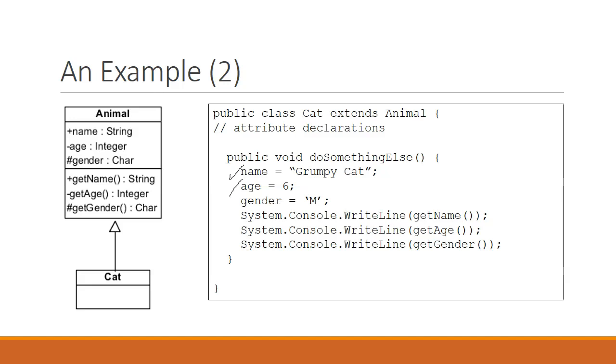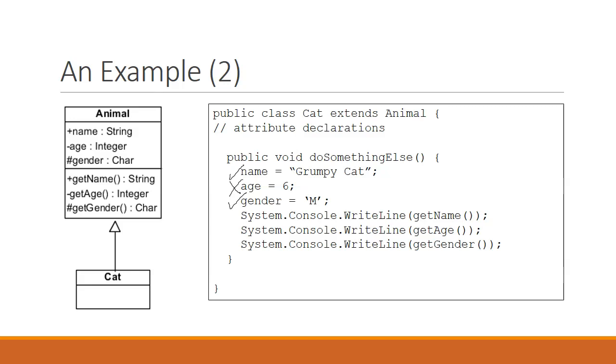So actually, this line does not compile. However, the gender attribute is declared as protected, and protected attributes may be accessed directly by either the class itself or its subclasses. Since cat is a subclass of animal, it is able to directly access the gender attribute, so this line does compile.